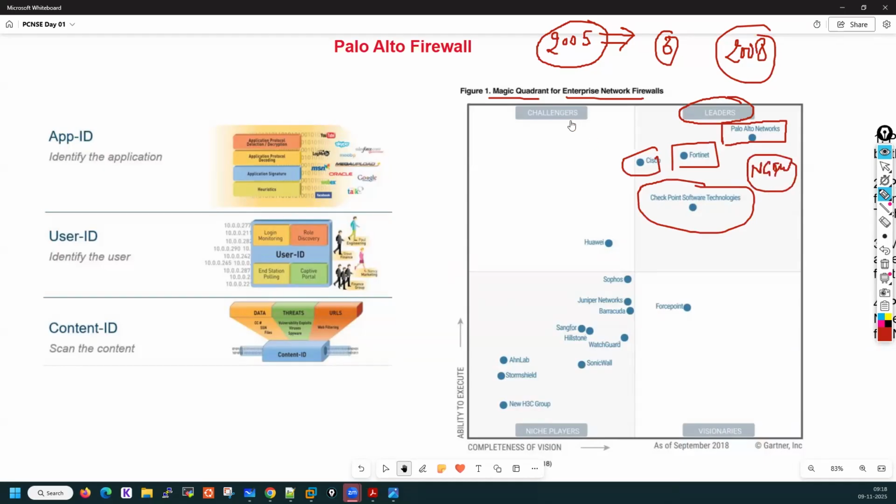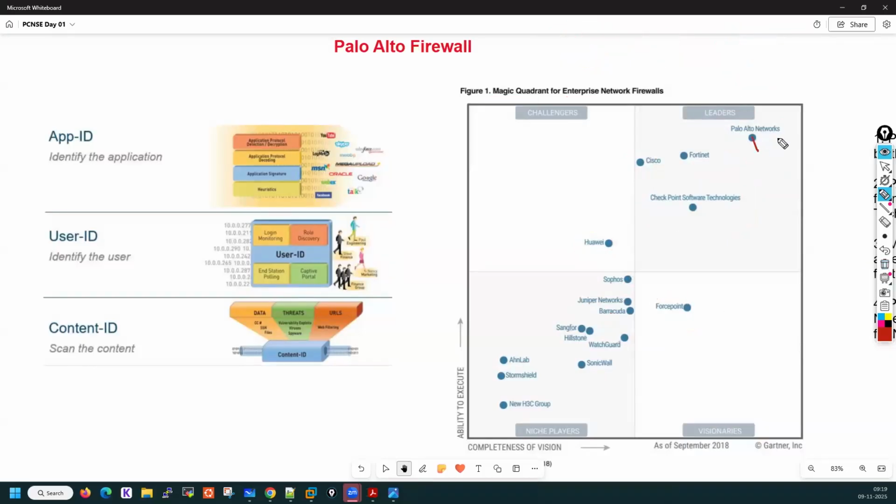Then in the challengers quadrant, they have Huawei. In the visionaries, they have Forcepoint. And last, they have Sophos, Juniper Networks, Barracuda, and other firewalls. But Palo Alto firewall has been the market leader since 2008 till today.